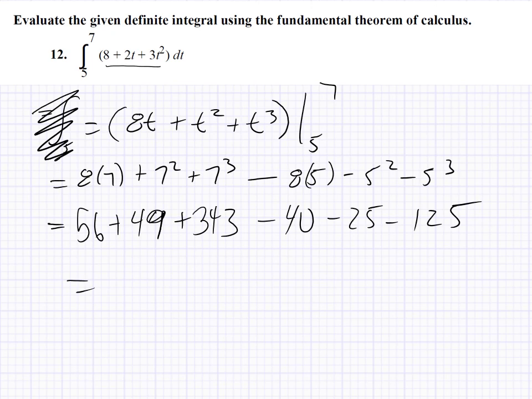It's 56 plus 49 is 105, plus another 343 gives me 448, minus 40, minus 25, minus 125 ultimately gives me, what's that? I'm getting 258 out of that. So again, that's probably the hardest part of this whole thing. The integration should have been real easy.